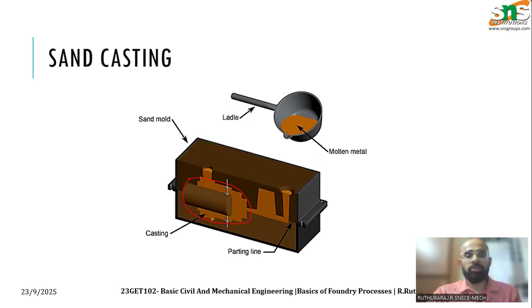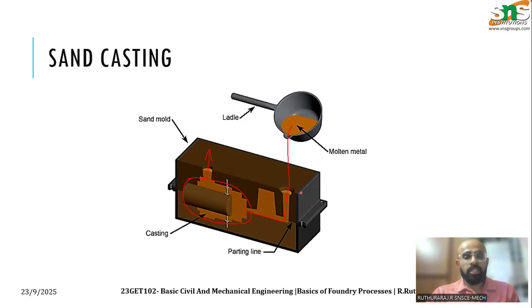For that, we need some openings to pour molten metal inside. That's where these things come in. Molten metal will go through here, flow from here, go through this part and fill this cavity completely, and then it will come up on this.